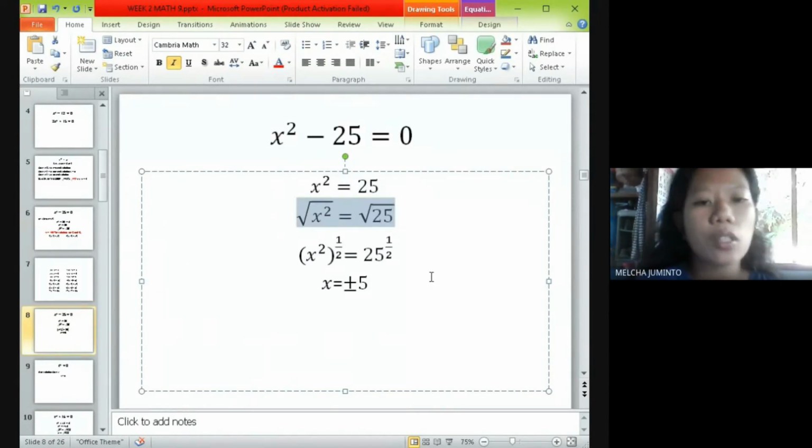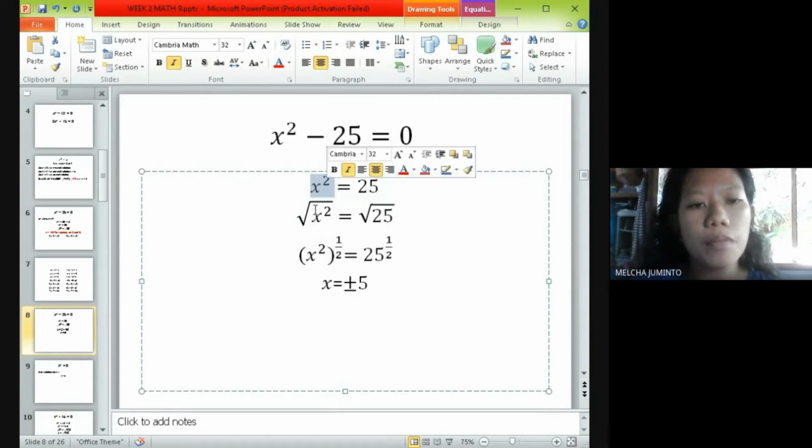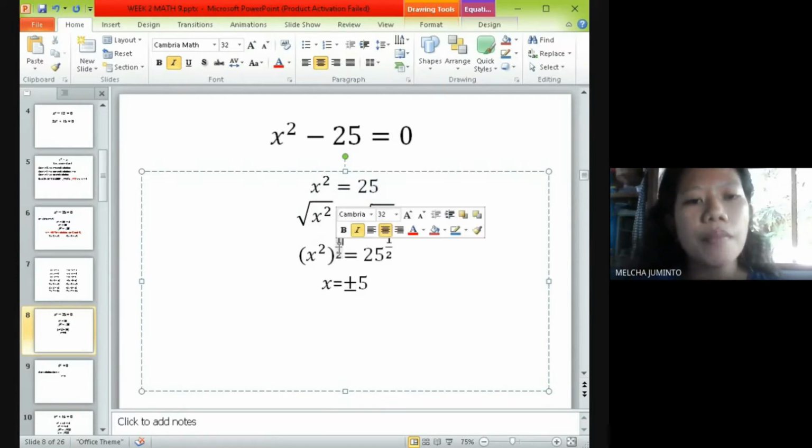When we say extract the square roots, express both sides as square roots. x squared will become the square root of x squared, and 25 will become the square root of 25. And when you say square root, it is raised to 1/2. Again, when we say square root, it is raised to 1/2. Therefore, this will cancel. When you express this raised to 1/2, the exponent 2 of x will be cancelled because 2 times 1/2 is 1.